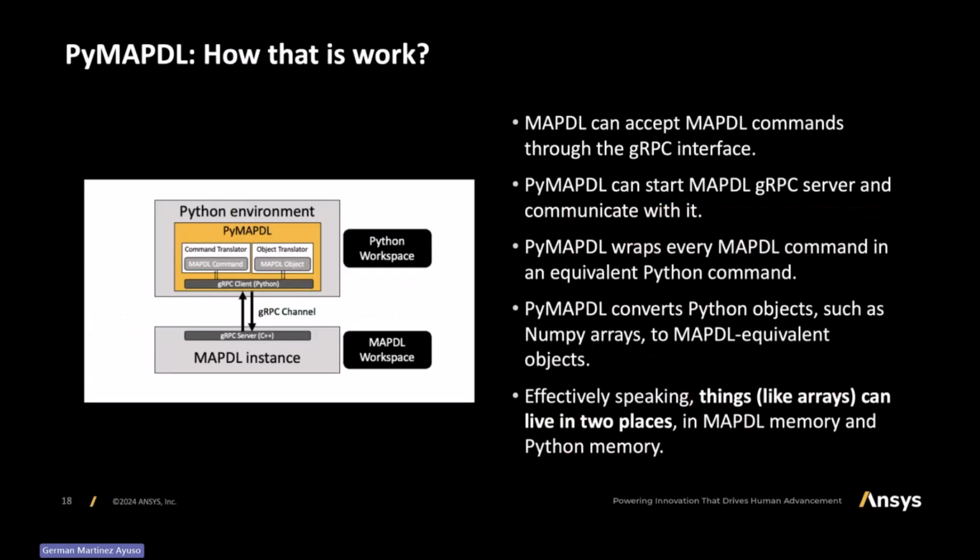So it's very useful. How does it work? I did mention in the case of PyMechanical that you have embedded or remote through gRPC. Here we have a gRPC channel only, but it's quite useful because, as I said, you can locate one of the instances in a cluster, connect to it, and run your simulation in the cluster, which is much more resource efficient in terms of not overloading your laptop when running big simulations.